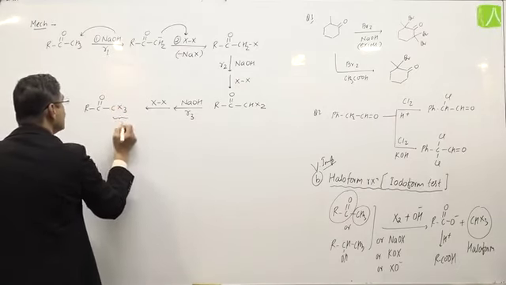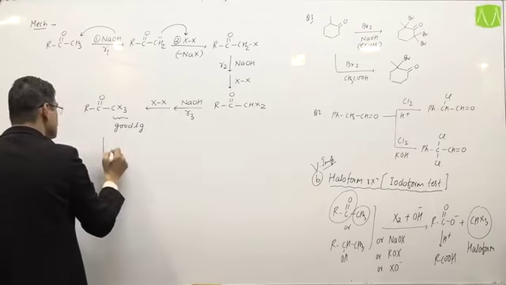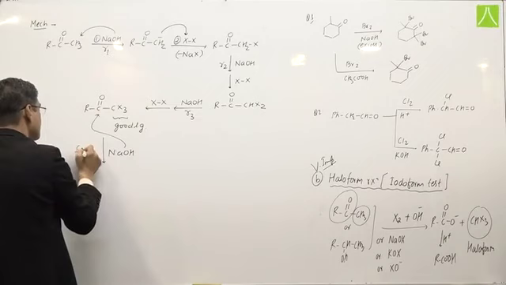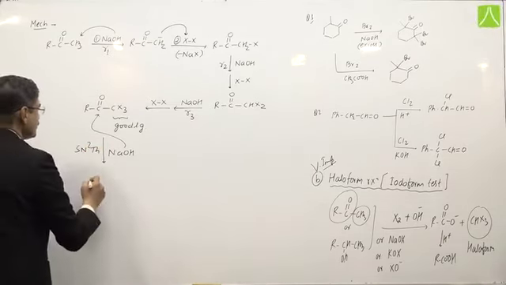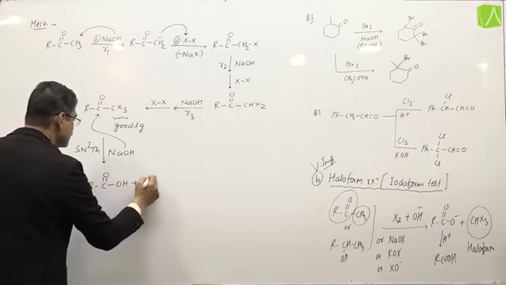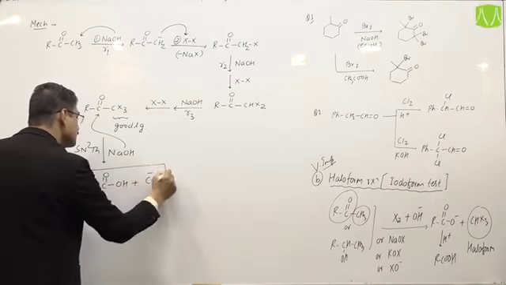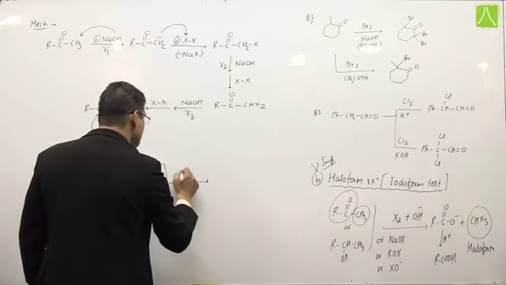Now this is a good leaving group. So it reacts with NaOH directly and the mechanism is SN2. In SN2, the leaving group is removed and CX3 minus is formed. But one is acid, one is base, so H plus is exchanged between both of them.